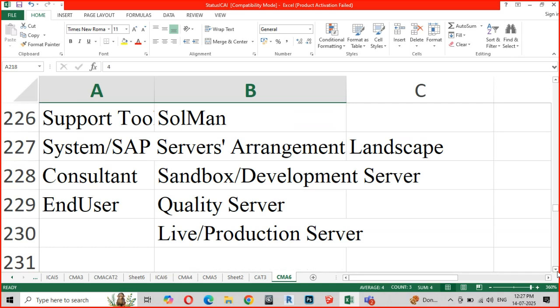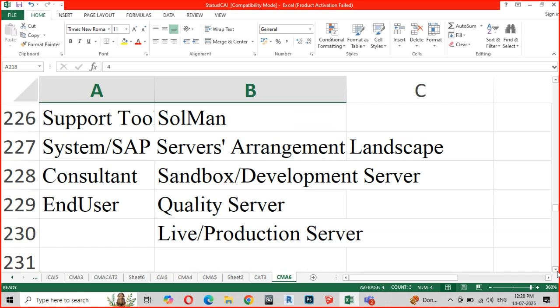Now, what happens in the support environment where my implementing partner has implemented SAP? He has also gone live on the SAP system, but he's encountering some errors. He's facing some issues in the SAP system.